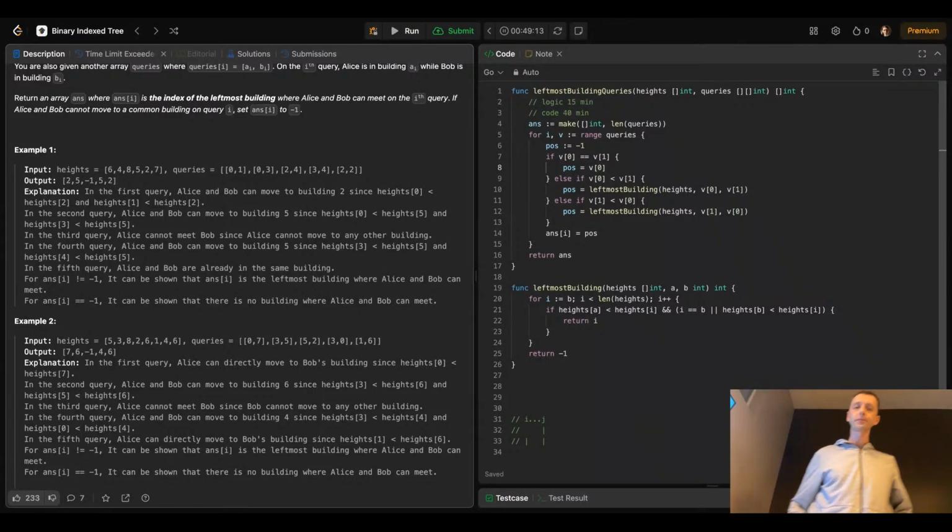So what do we know? We know that for each query, we do this search to the right.